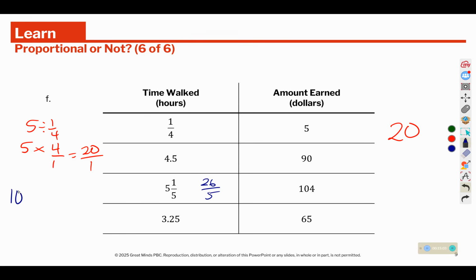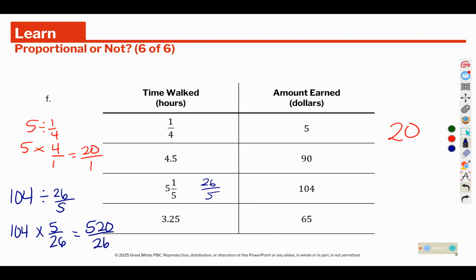So we have 104 divided by 26 fifths. Leave, change, change. 104 times 5 is 520 divided by 26.